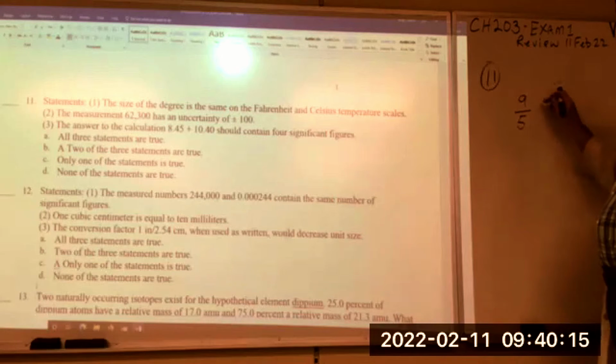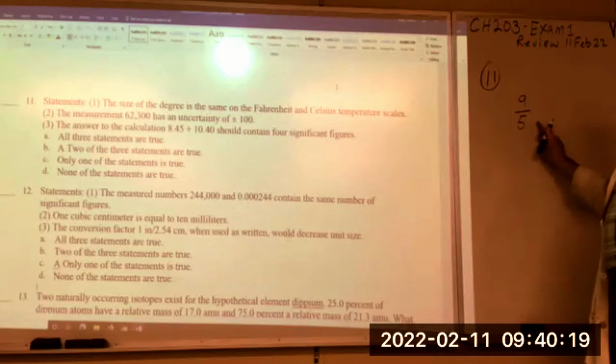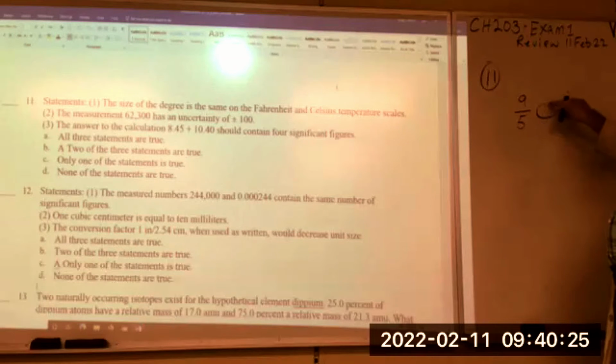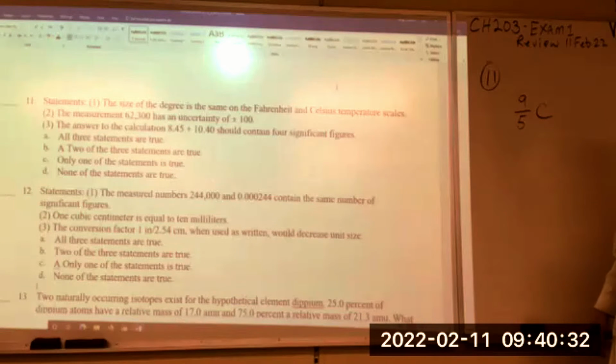Right? For every 9 degrees Fahrenheit, you move 5 degrees Celsius. That part of the equation is times C. So this is the ratio number for C, cancels out. And then the size of the Fahrenheit degree is smaller.